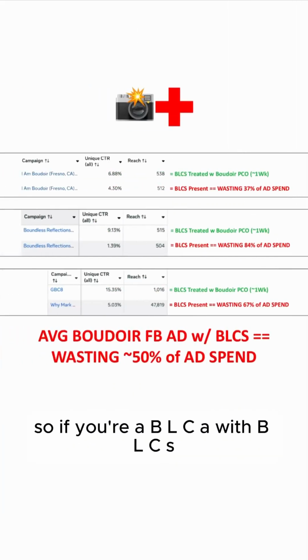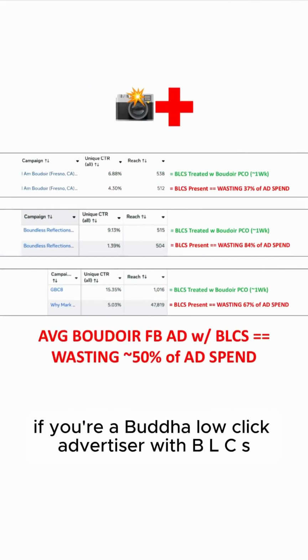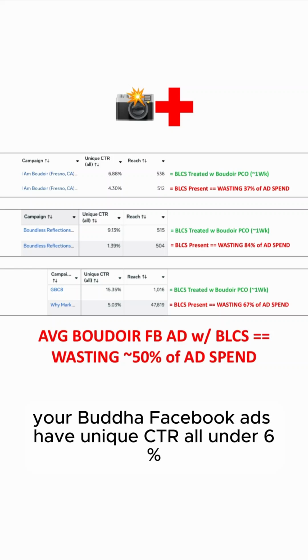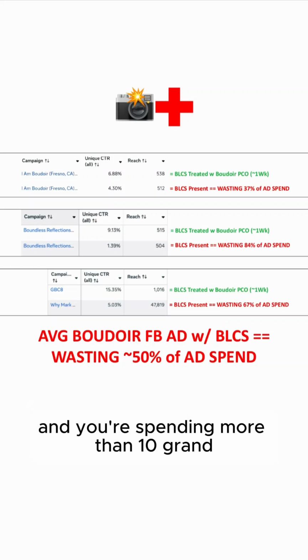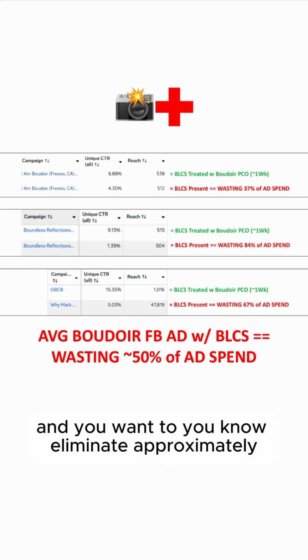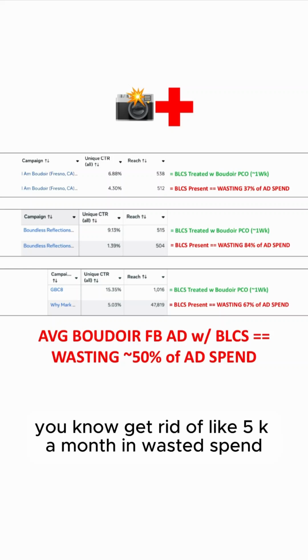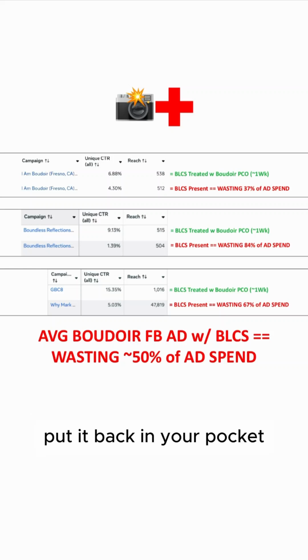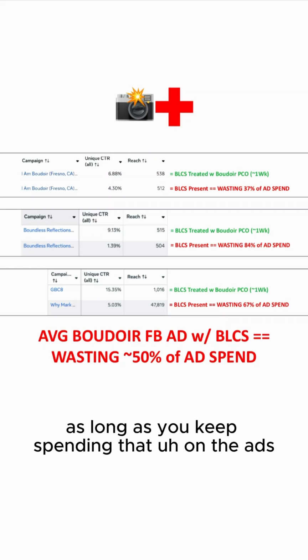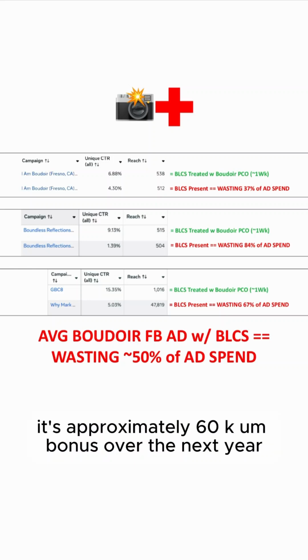All right, so if you're a BLCA with BLCS, if you're a Boudoir low click advertiser, your Boudoir Facebook ads have a unique CTR under 6%, you're spending more than 10 grand a month on Boudoir Facebook ads, and you want to eliminate approximately 5K a month in wasted spend and put it back in your pocket, that'd be an approximate 5K bonus per month, as long as you keep spending that on the ads. So approximately 60K bonus over the next year.